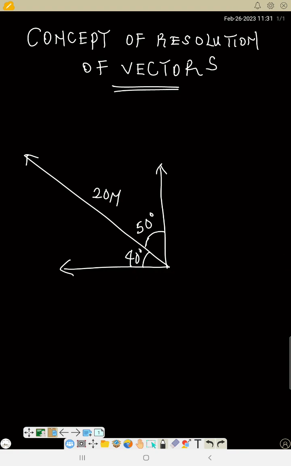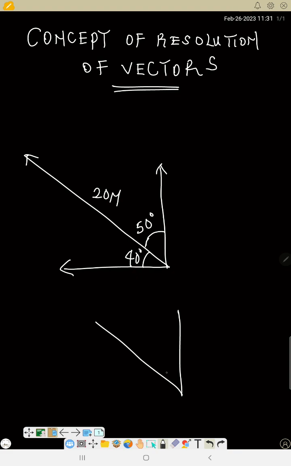Now let's say you have a question like this and I ask what is the vertical component, that is I'm asking for this place, and horizontal component I'm asking for this place of these vectors above. Now if you and your friend want to solve this, if you decide to choose 50 degree as your angle, where does the 50 degree lie?